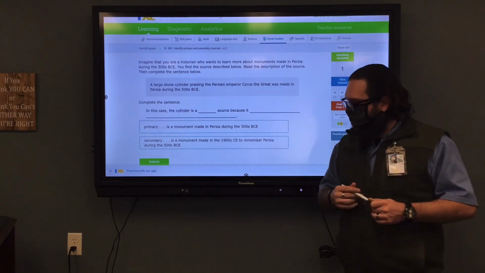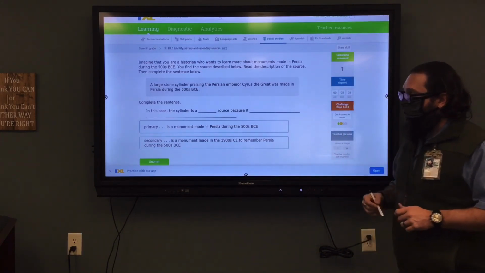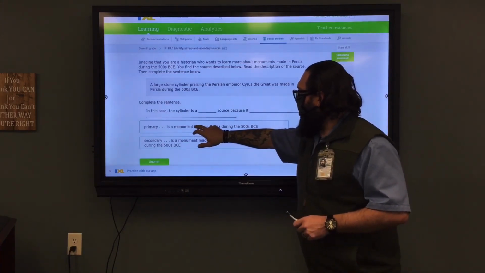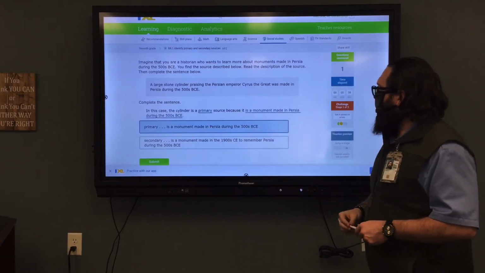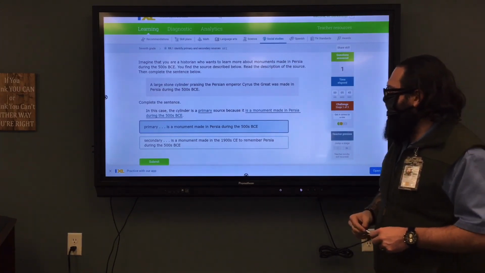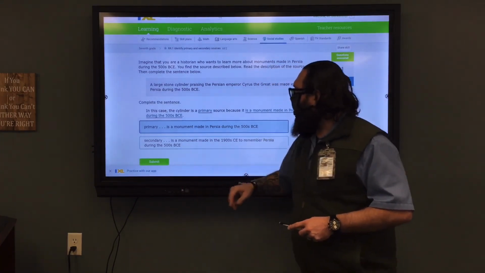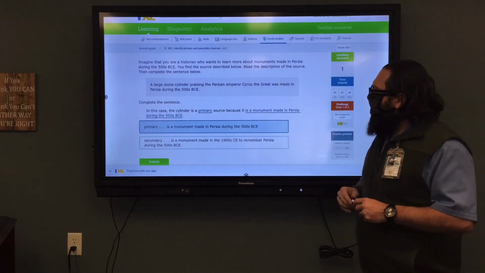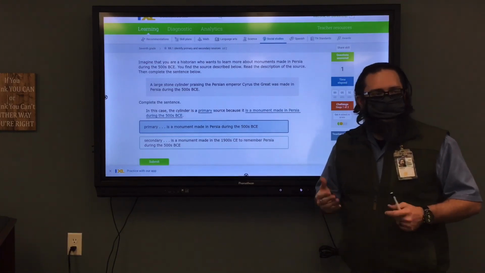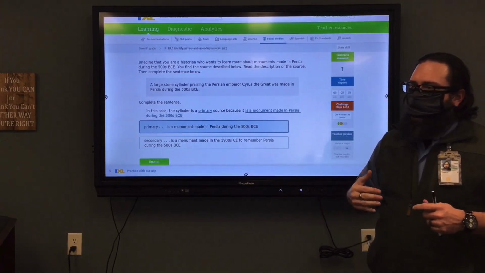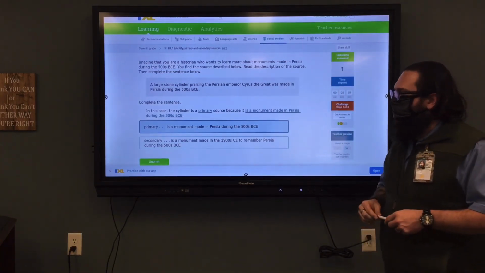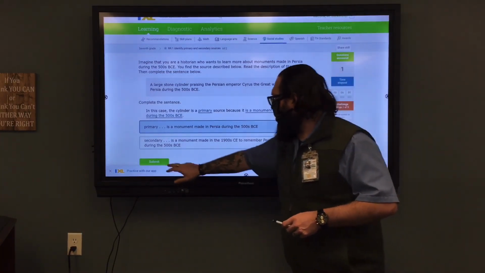Primary? Yes, it's a primary source because it was made during that time period. So in this case, the cylinder is a primary source because it is a monument made in Persia during the 500s BCE. Now, if the text said that it was a monument made in the 1900s that was put up as a memorial, it would be a secondary source. You're absolutely correct.